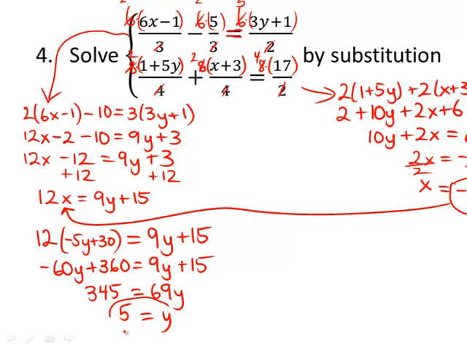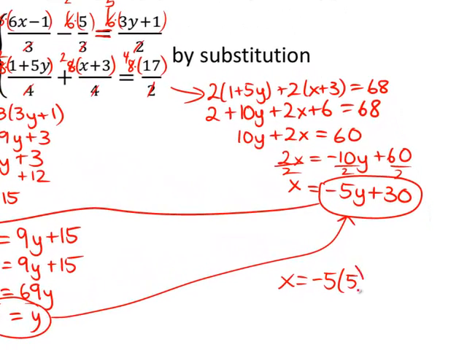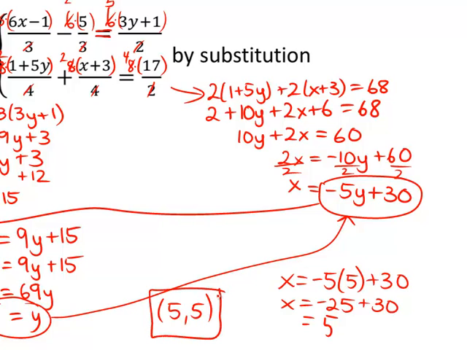So y is 5, and therefore we can plug that back in to get x, and x is negative 5 times 5 plus 30, which is 30 minus 25, which is also 5. Therefore, (5, 5) should be the answer to this very complicated question.